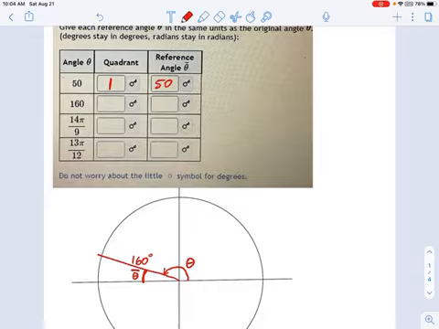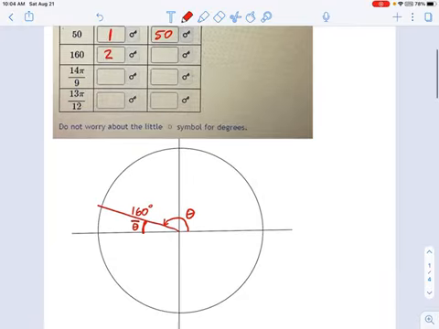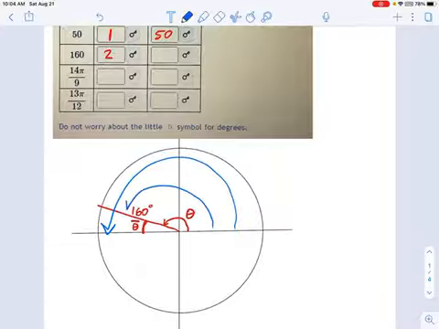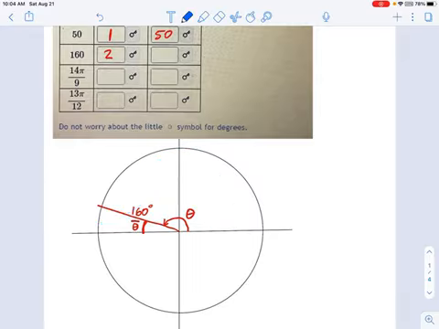So if you want to figure out what the reference angle is, well, first of all, this is in quadrant 2. I think that's obvious. But if you want to figure out what that angle is, that theta with the bar over it, the reference angle, just think about it this way. I go all the way over, that's 180 degrees. I go part of the way over, that's 160. So what's the difference between those? The difference is the amount that I was short of 180 degrees, or in other words, 180 degrees minus 160 degrees.